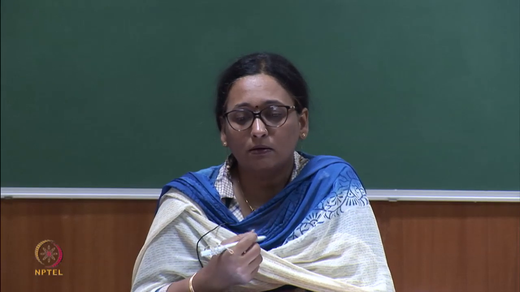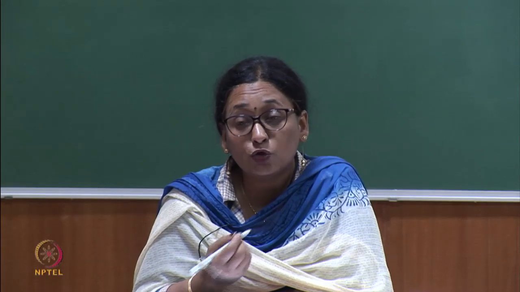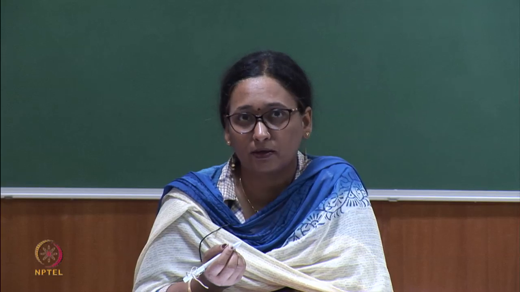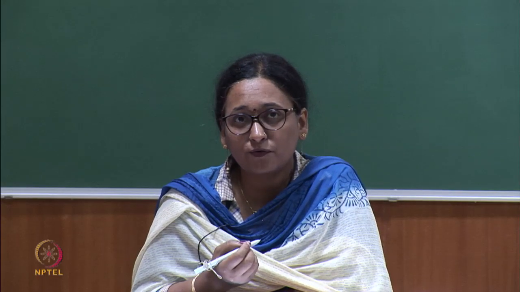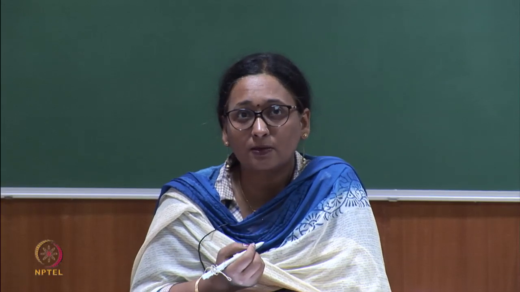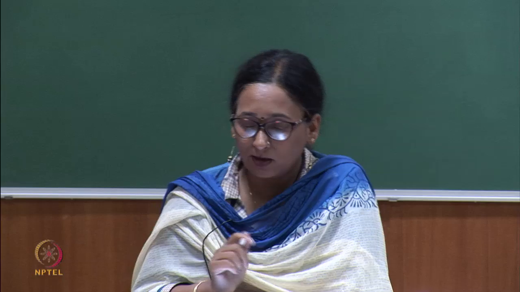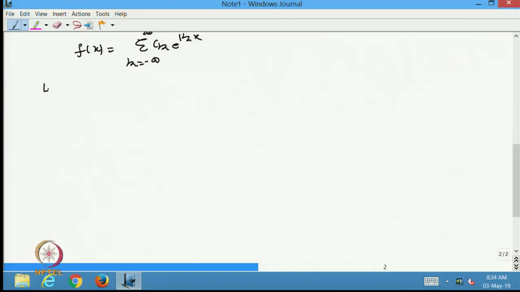And when we talk about the convergence of an infinite series, the notions of convergence are also different. There are different notions of convergence of an infinite series: uniform convergence, pointwise convergence, L2 sense convergence. I am not mentioning all of these notions in detail, but right now I will tell you what L2 sense of convergence is.